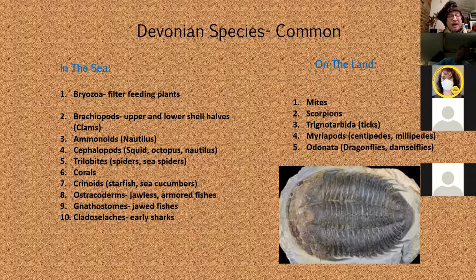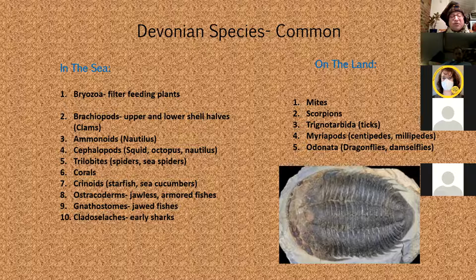Then ostracoderms, which were these jawless armored fishes. They were fishes with heavy scales, but their whole head was armor plate, and they did not have a jaw. They just had a hole for a mouth that they sucked in nutrients and so on.